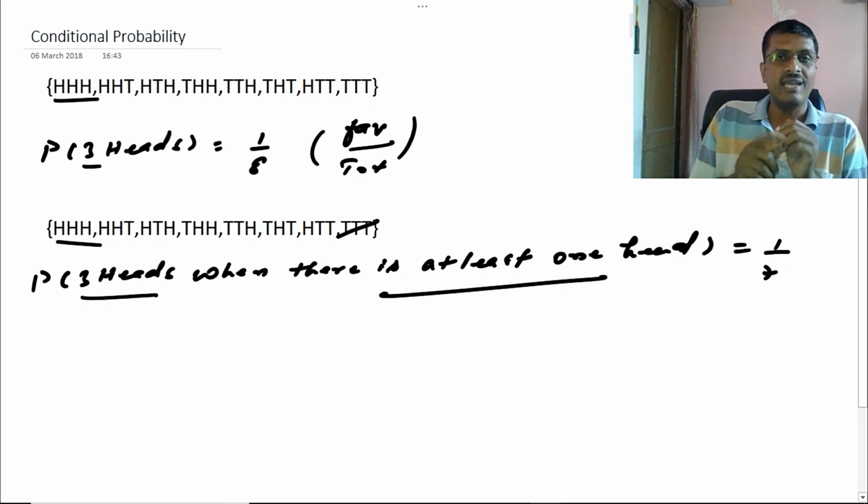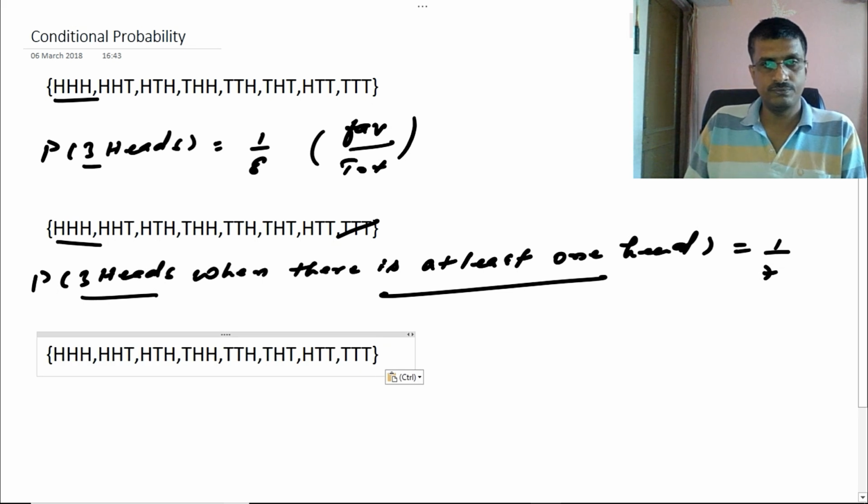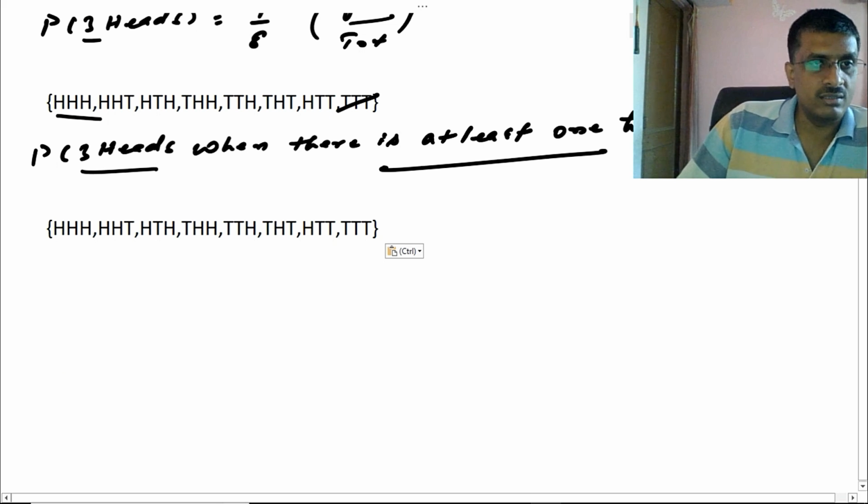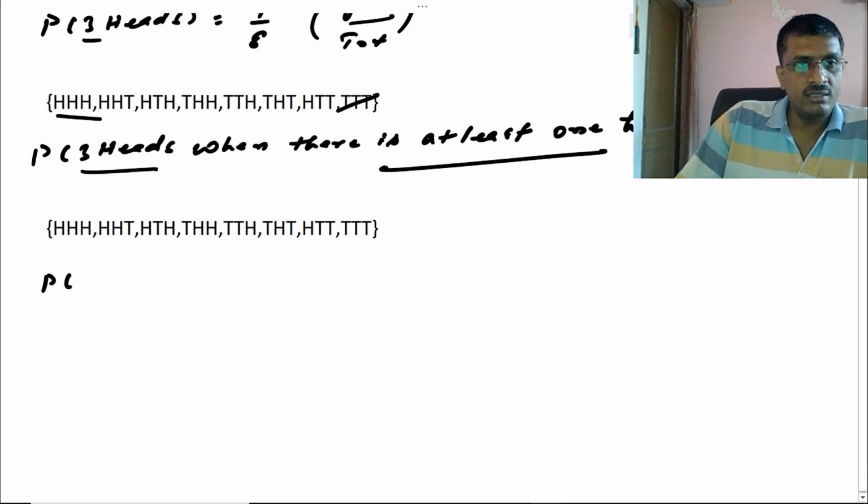The same thing can be done using the identity as well. I'm going to write the sample space again for you. Now, what's the identity? Let me write the identity for you first of all.